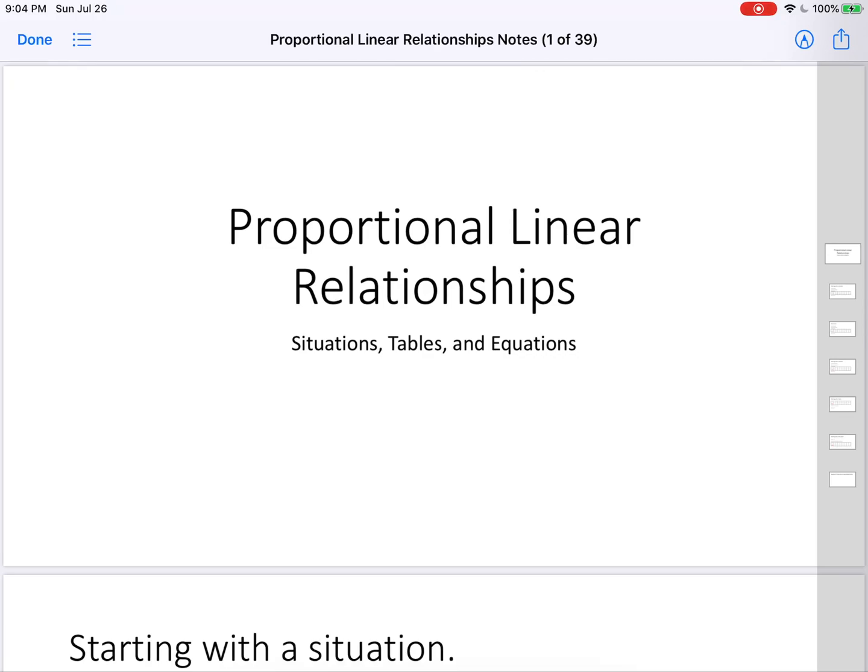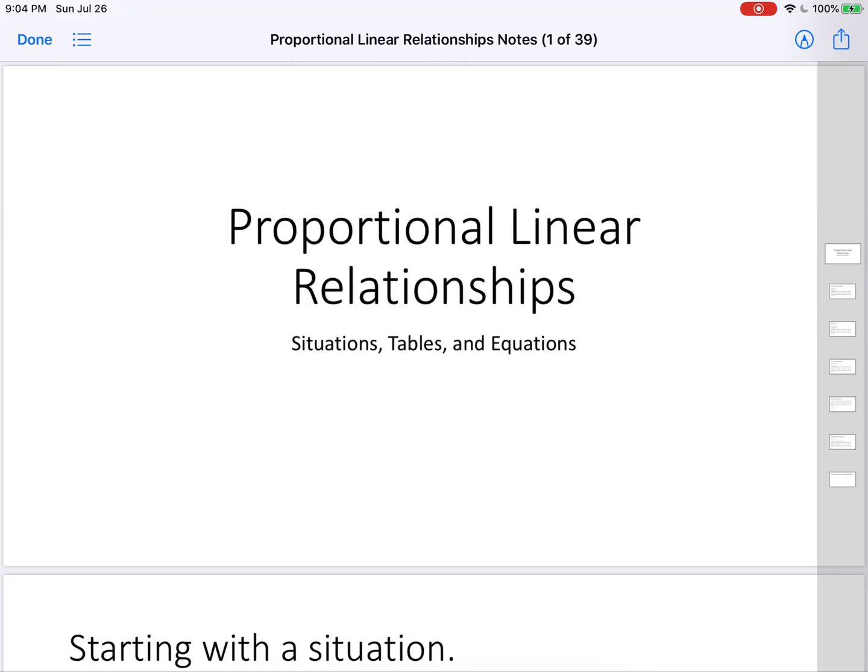And one of the most important things that equations do is they illustrate relationships between values. There's a couple of different relationships that exist, and one is linear relationships. We're going to do linear relationships today and tomorrow, on this video and the next one.